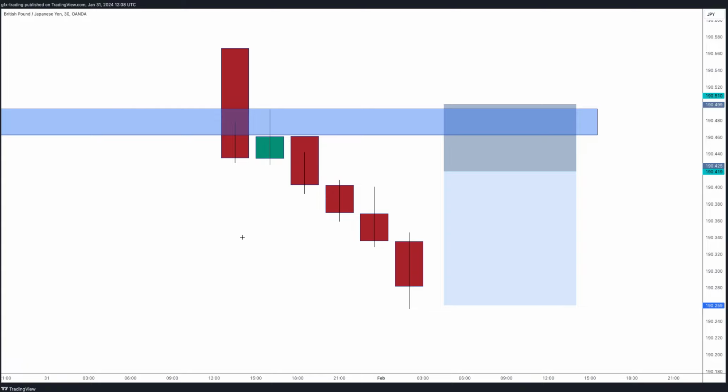Now, the only reason that you would need to close this order is if one of the wicks comes past the previous high of the previous candle wick. Okay, so if this happens, there is a chance that it may continue and it's just pulled back for a little bit of liquidity.